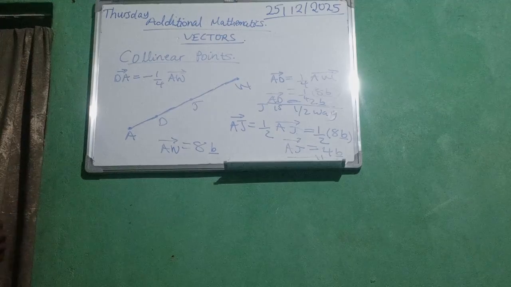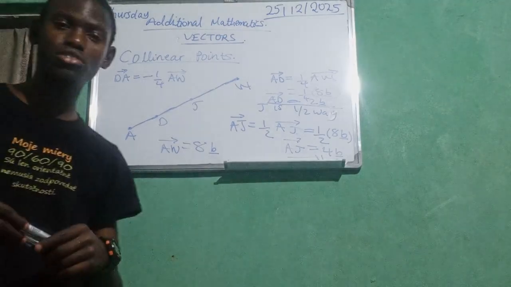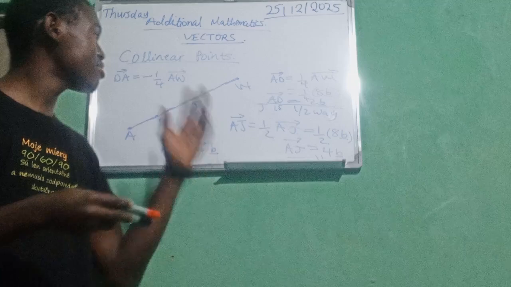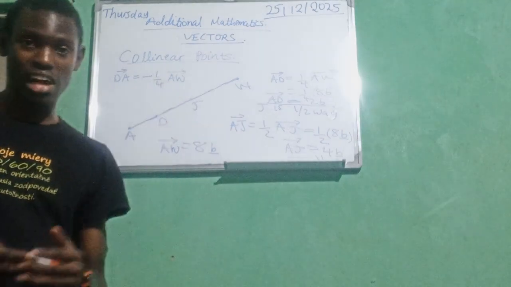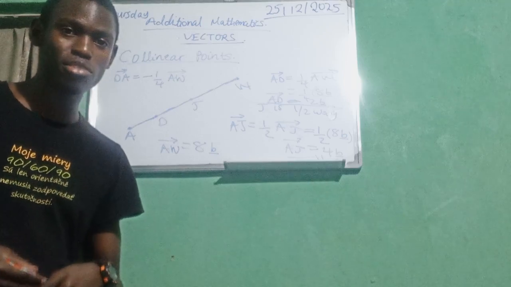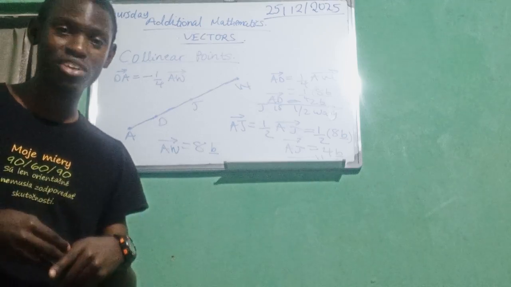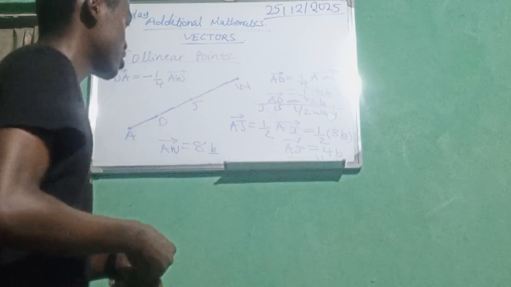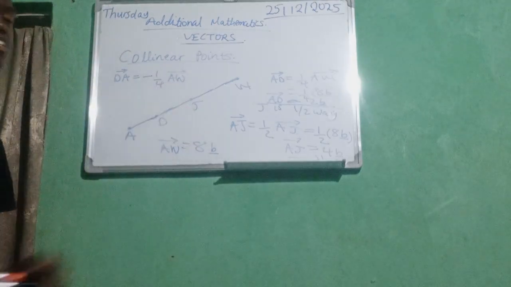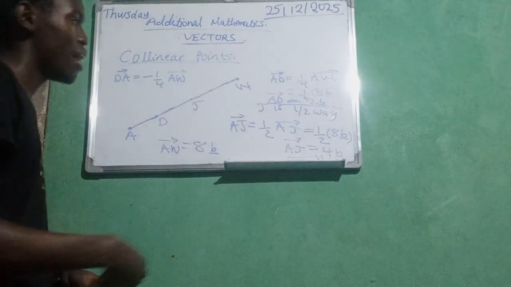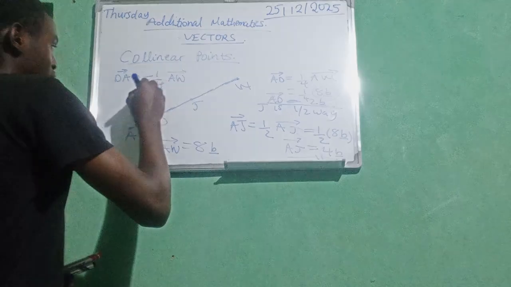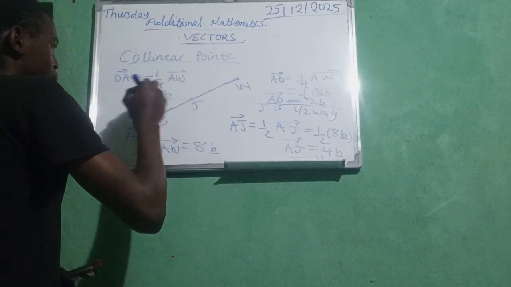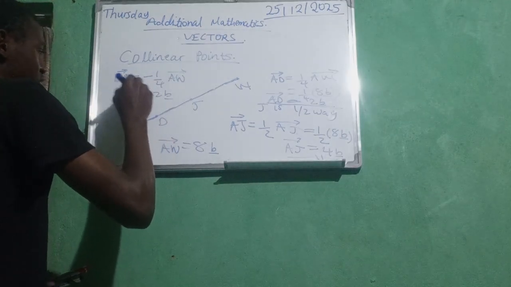If you go back to the basics of scalars, this number here is a scalar, and negative means we are going in the opposite direction of what is normal. And then we have negative 2B as our answer. Negative 2 of vector B as DA.